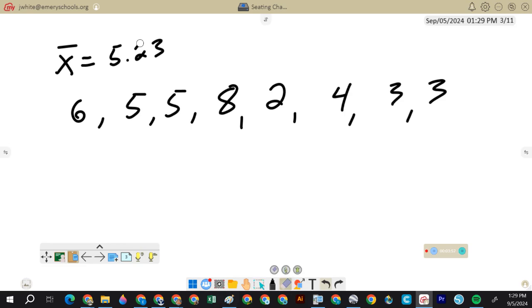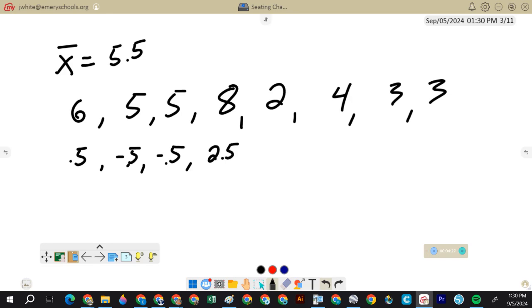I'm going to make this a little bit easier for me and say 5.5. How far is 6 from 5.5? Positive 0.5. And in this class we always do value minus average. How about 5? Negative 0.5, and 5? Negative 0.5.